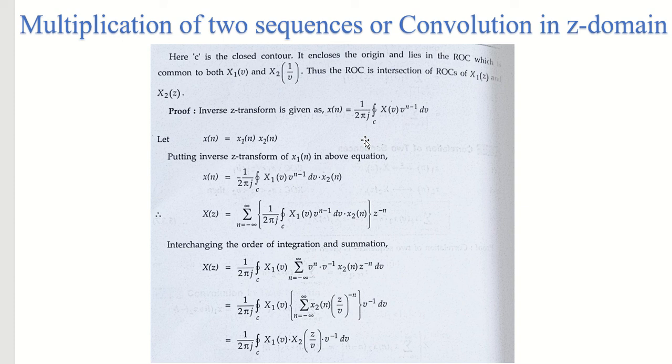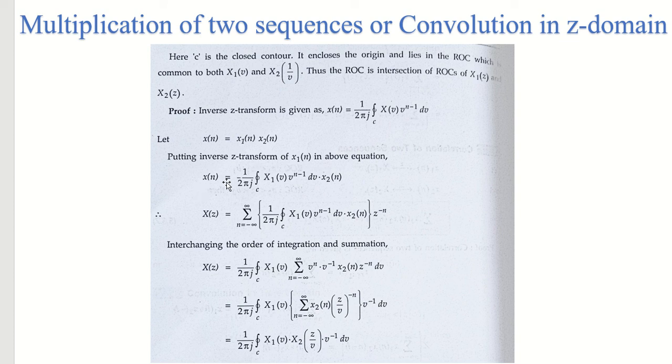So let's say x of n is equal to multiplication of x1 of n and x2 of n. And if we put this inverse Z transform of x1 of n in this equation, what will we get?